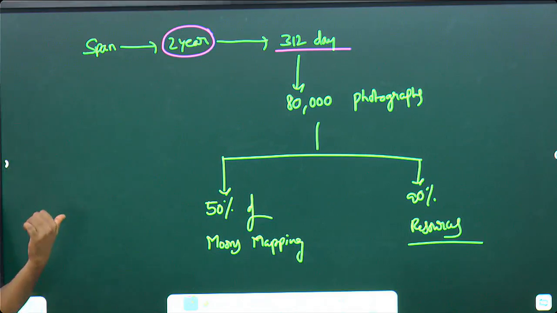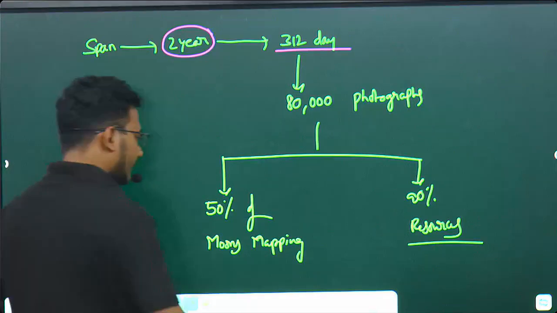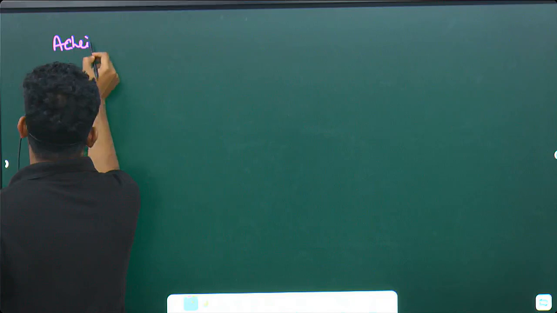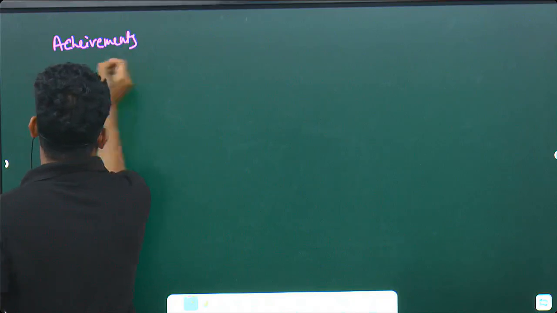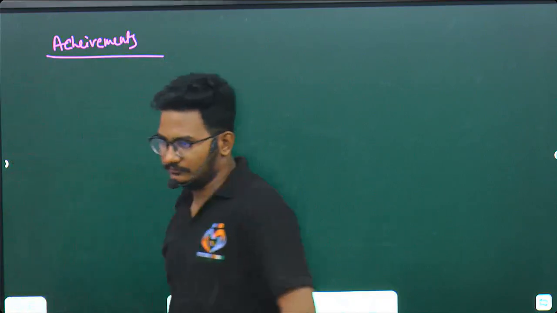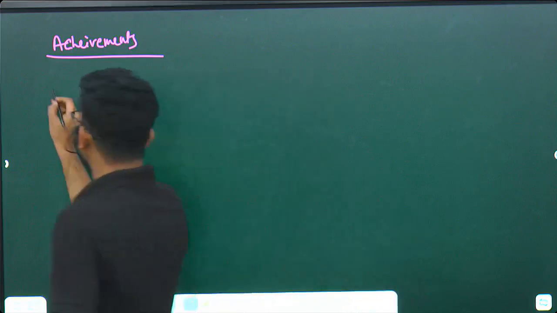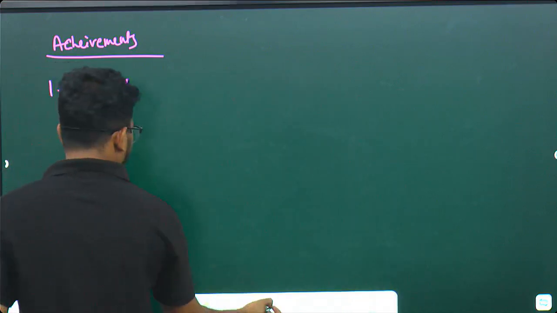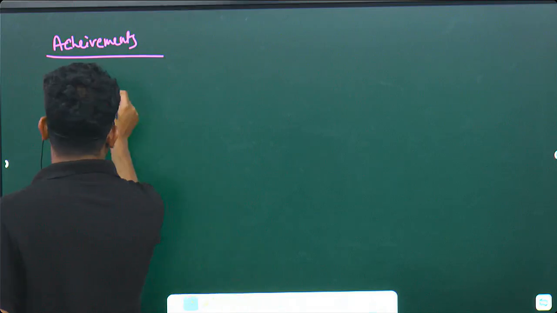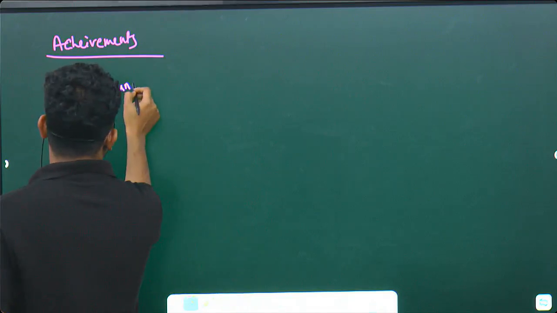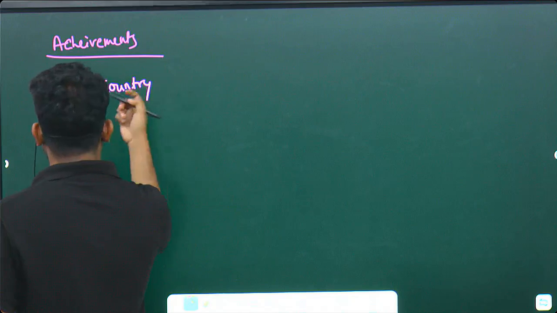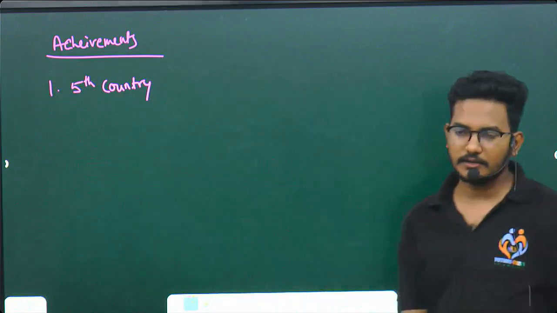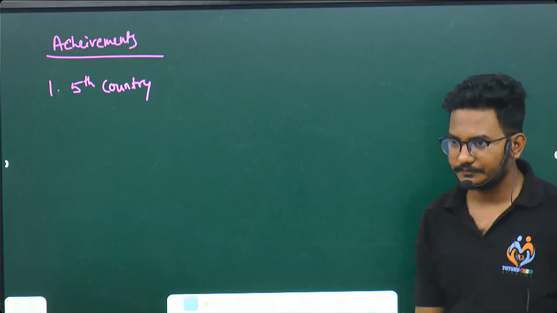Done? Note it down? Yes. So keep a heading as achievements. We have become the fifth country to enter into the moon's orbit.